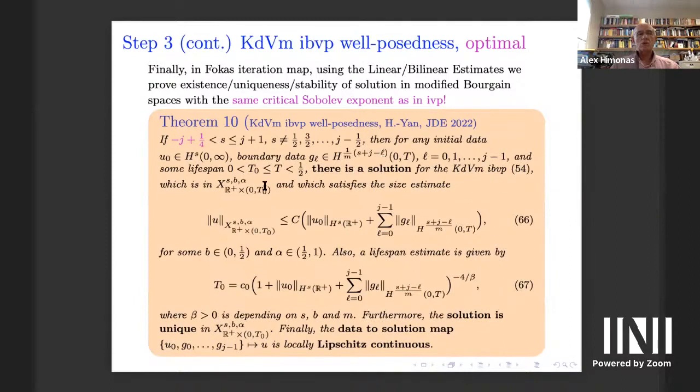There is a solution in the modified Bourgain space, XSB alpha, that satisfies this size estimate. The restricted modified Bourgain norm is bounded by the norms of the data, and here we have an estimate for the lifespan, and the solution is unique again. And the data to solution map is Lipschitz continuous.